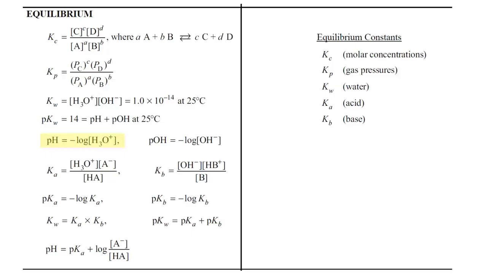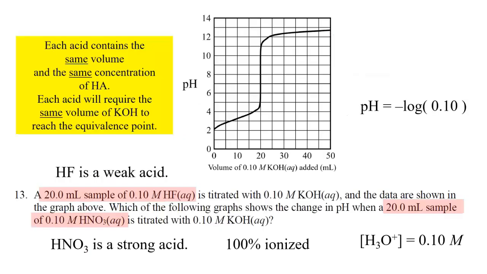Let's take the negative log of 0.1 and we can find out. The negative log of 0.1, which is the concentration of the hydronium ion in this strong acid, is 1. So we are expecting that the initial pH for this titration curve is not going to be 2. It's going to be 1. So it starts off at a lower pH, which hopefully makes sense since that is the situation that we have.